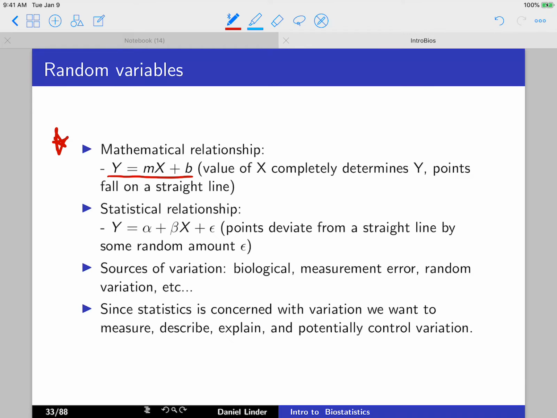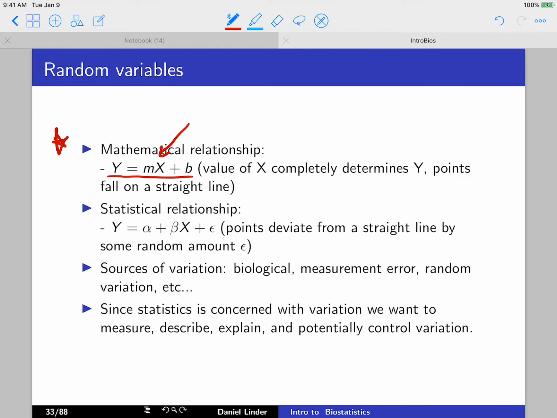You probably recognize this type of equation from your college algebra class, and it's essentially a mathematical relationship that describes a straight line. So given an x value, if you know the values of the slope m and the intercept b, you can produce a corresponding y value. If you gave me a bunch of these x values, you could plot the corresponding y values, and the points would fall on a straight line.